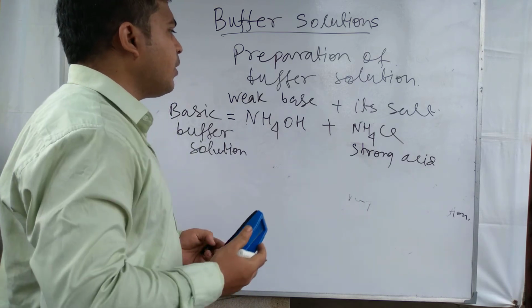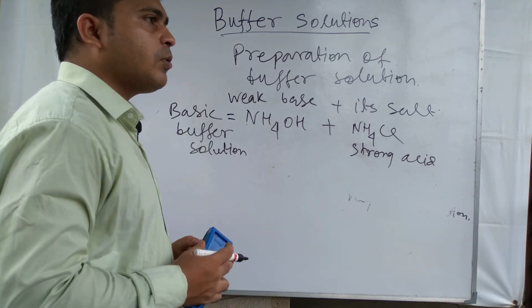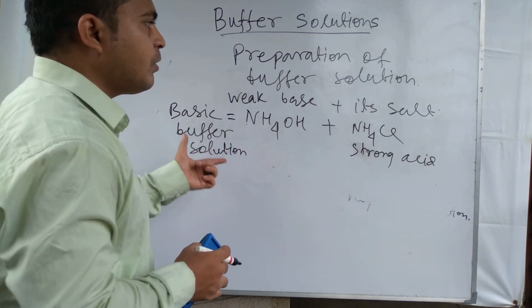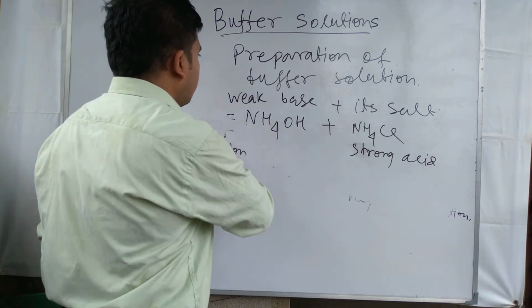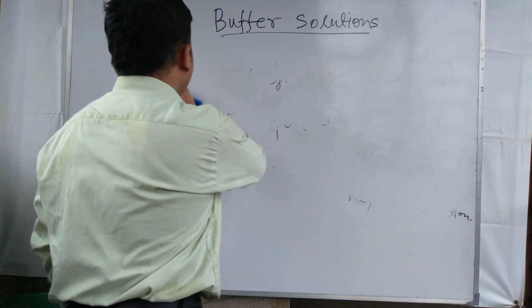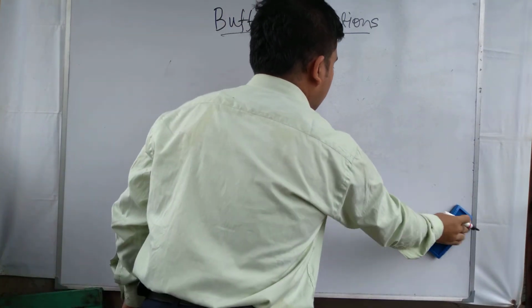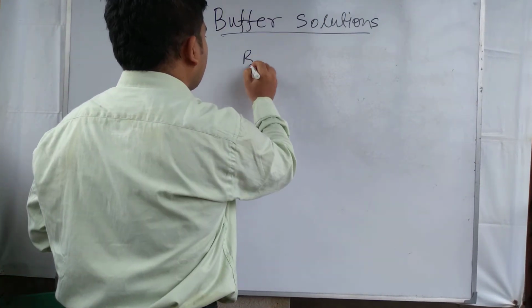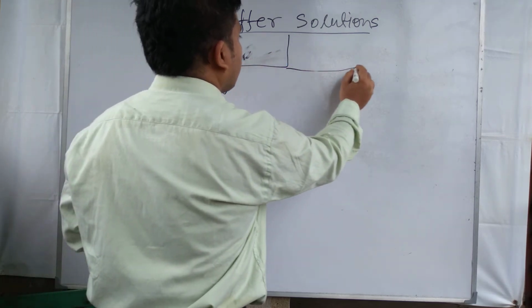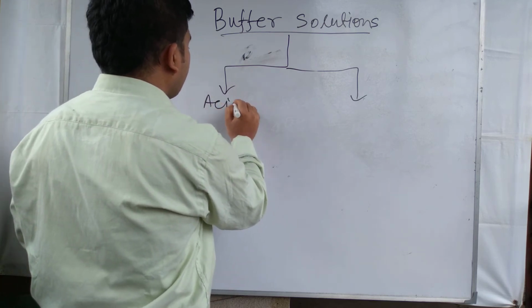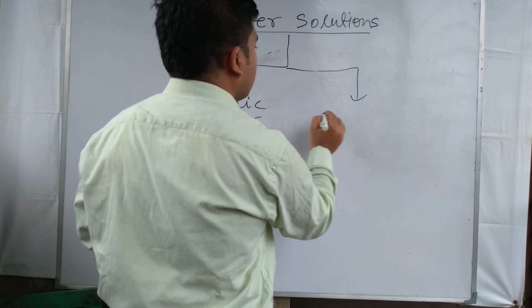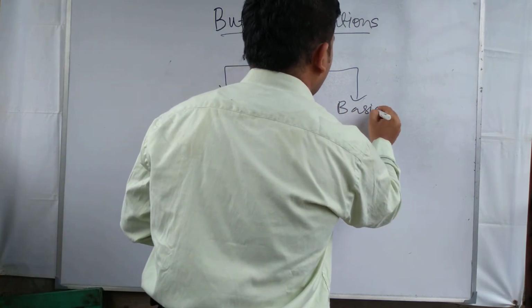Buffer solution preparation means both types of buffer solution, acidic buffer solution and basic buffer solution, are prepared by mixing these types of substances. And if we talk about the types, buffer solutions are of two types: one is acidic buffer and another is basic buffer.